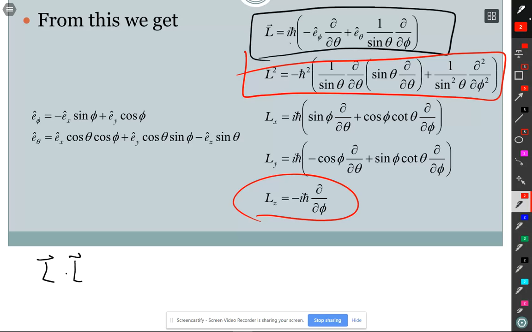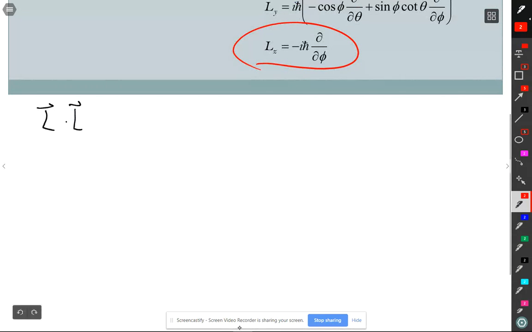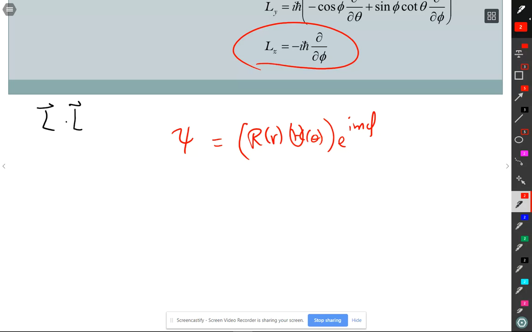It's really nice because we know that psi is equal to R of r, Theta of theta, with, of course, normalization constants as necessary, times e to the i m phi.